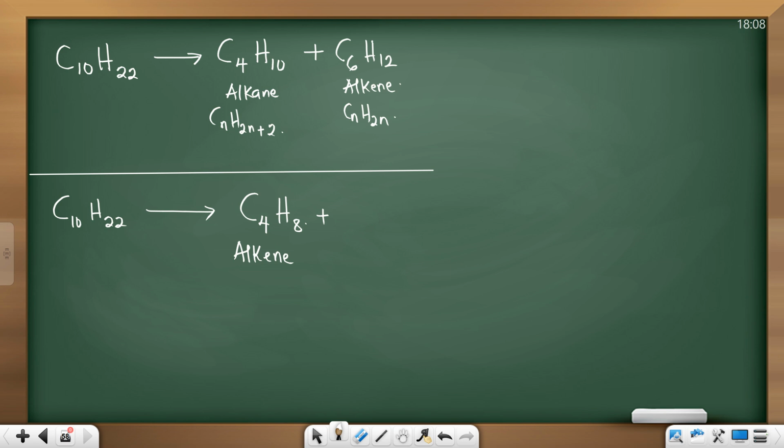How many carbon atoms do I have left? 6. Let us form another alkene. Double it. 12. Is that fine? Every time I double, alkene is double bond, so I double the number. Is it balanced? I have 4 plus 6, carbon 10. 8 plus 12, 20.